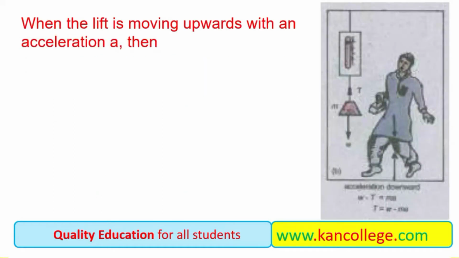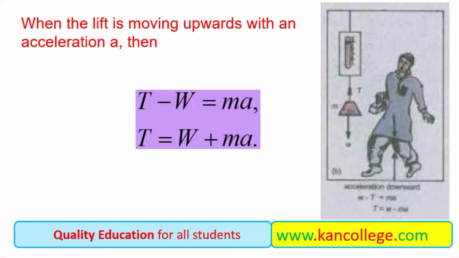But when the lift is moving upwards with an acceleration a, then what happens? In this situation, tension in the upward direction and weight in the downward direction do not balance, and there will be some positive net value.